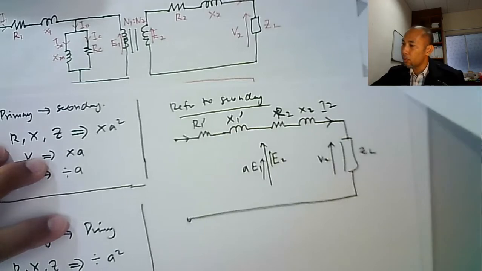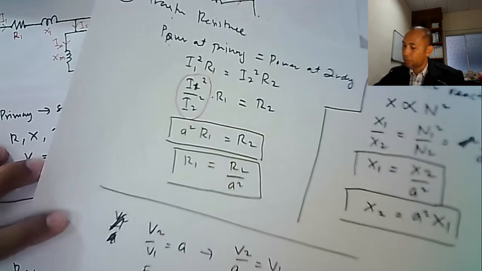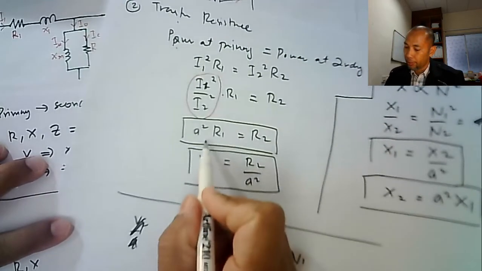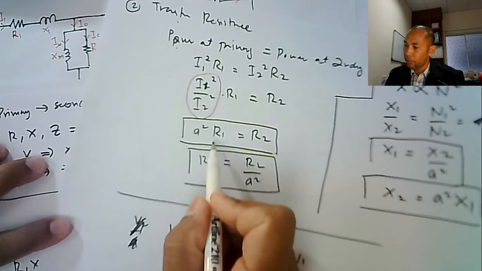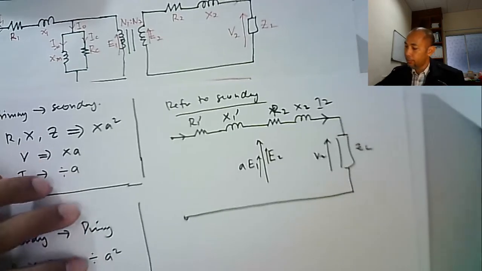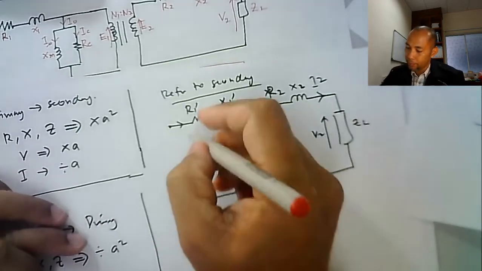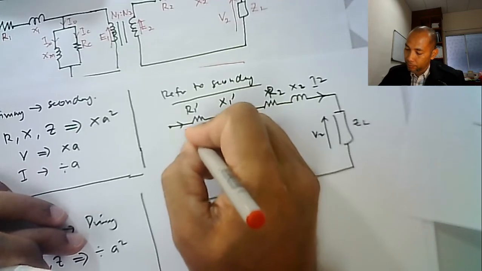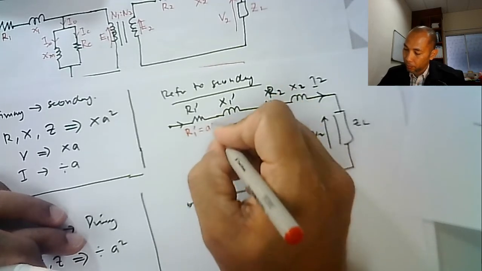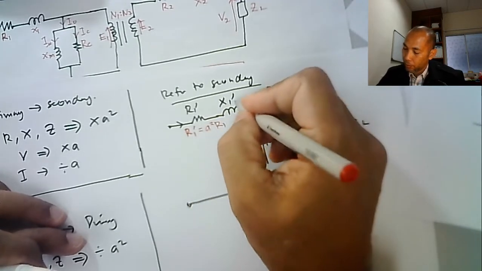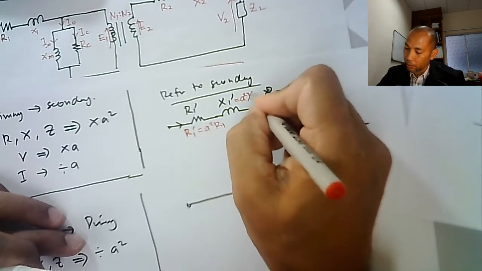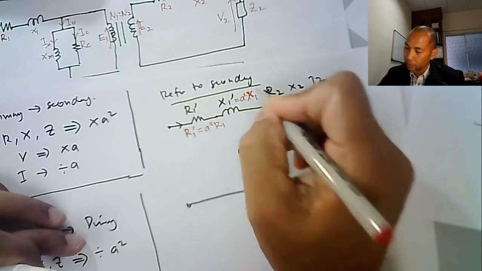So R1 prime is equal to A square R1. X1 prime is equal to A square X1.